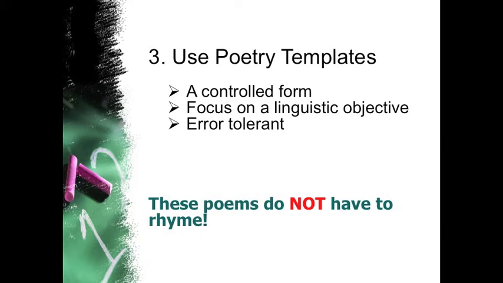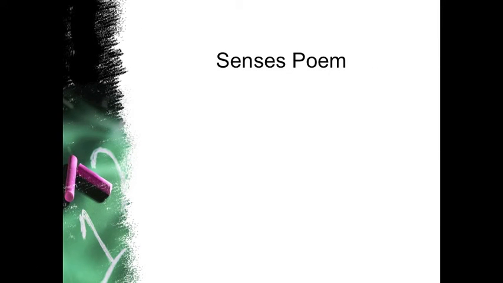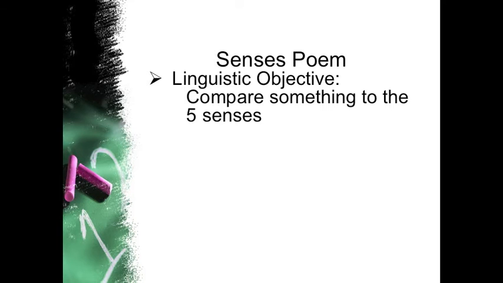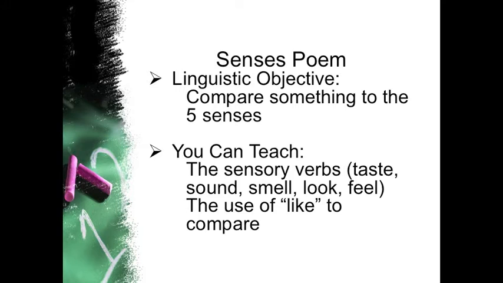One of our favorite templates is called a senses poem. In this kind of poem, the objective is to have students compare a noun, such as the word English, to other nouns using the 5 senses. In this activity, you might want to teach all of the sensory verbs, or perhaps you could teach similes, which focus on the use of comparisons with the word like.